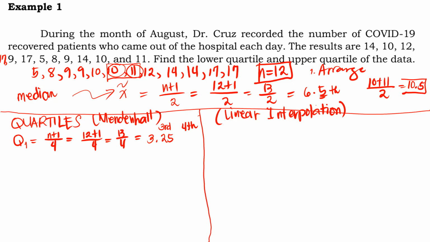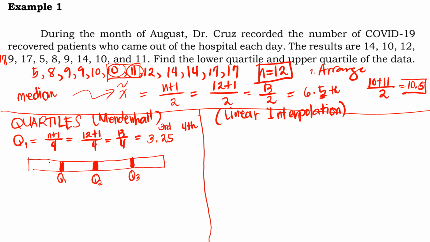Okay? Kaya lang, sa Mendenhall po, let's say, ito yung data natin. Ito yung middle value. Ito yung Q sub 2. Ito yung Q sub 1. At ito yung Q sub 3. Okay?